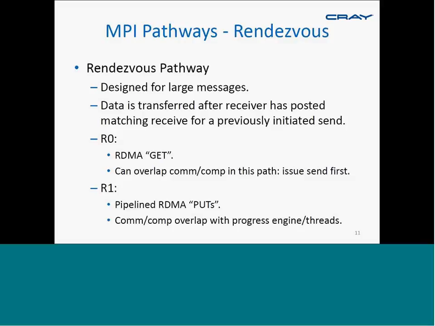You can get some overlap with the R0 pathway, but if you're already in the regime where you have large message transfers, the transfers are probably going to be relatively slow, so you really want to get as much overlap as possible.